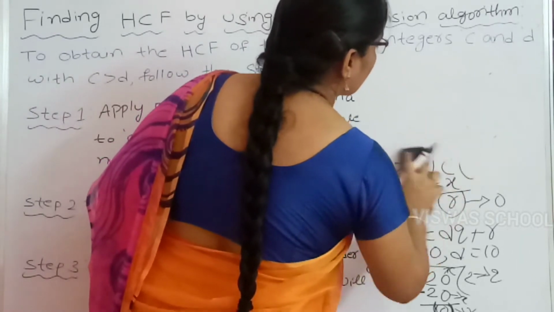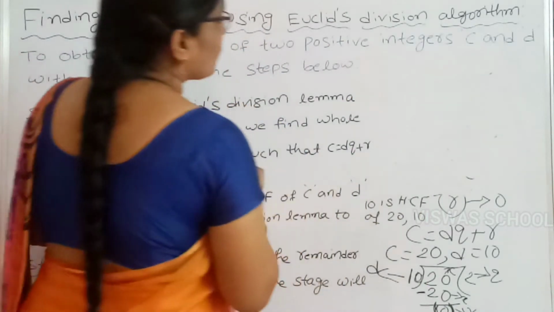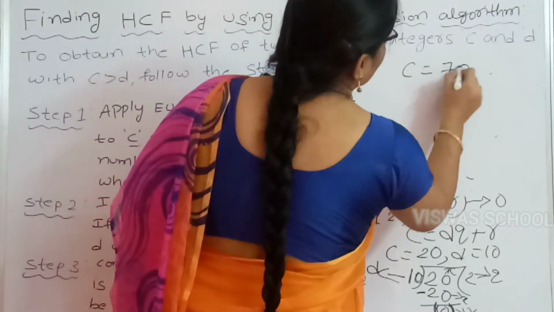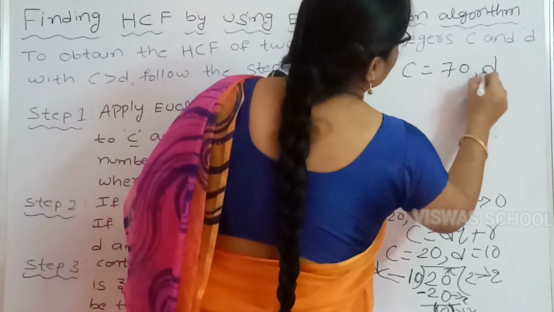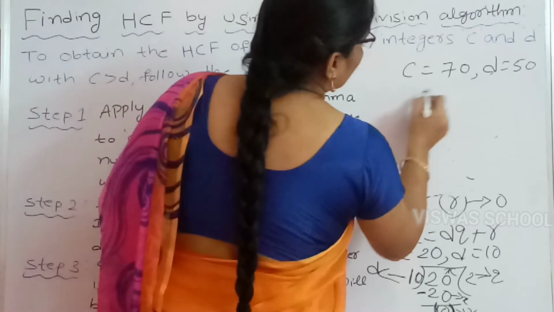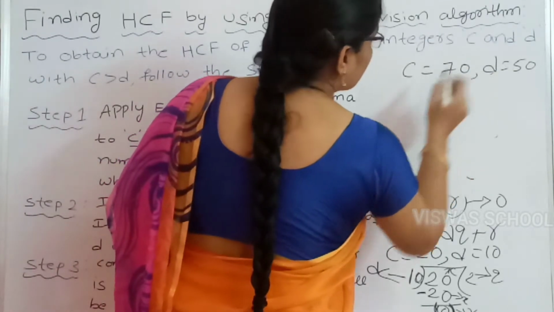For example, we have c equals 70 and d equals 50. We have to divide 70 by 50.